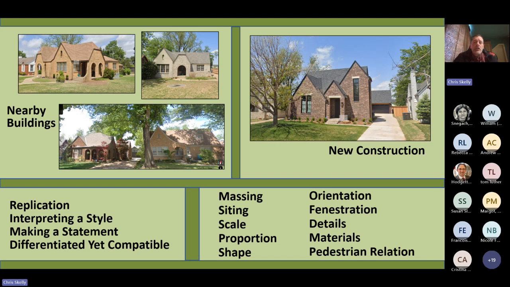They are making a little bit of a bolder statement in terms of how they've put this building together, the form. Is it differentiated yet compatible? There's aspects of this building that are certainly compatible to the other buildings in the neighborhood, and yet very clearly differentiated as well. So in this one, I feel like it hits on a number of these in terms of interpreting the style, making a statement, and being differentiated yet compatible as well.